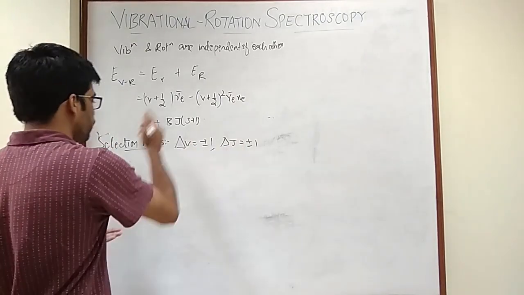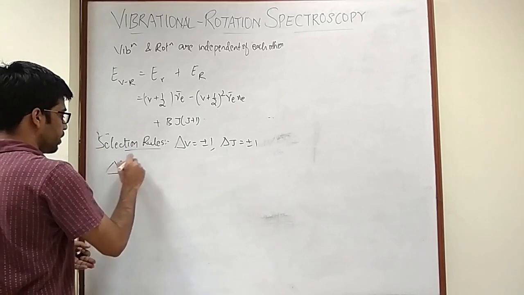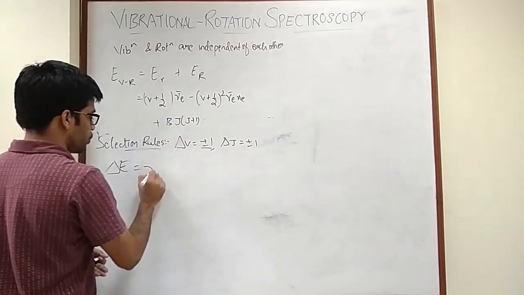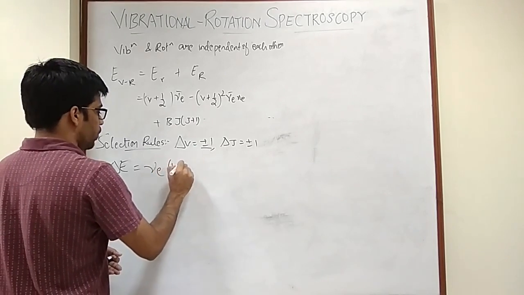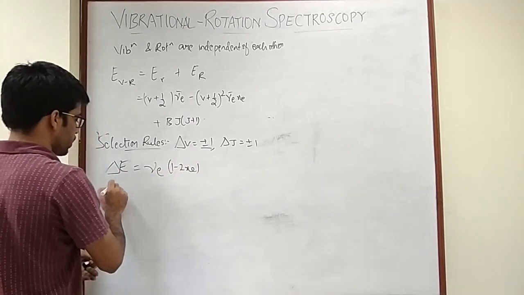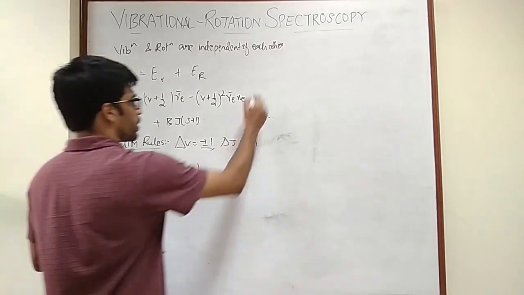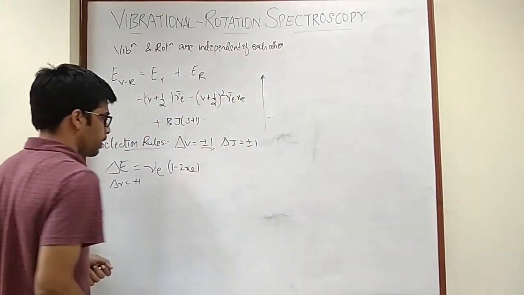What effect will it have when we want to see delta E? Now delta E for this selection rule becomes 1 minus 2xe. Now I am considering delta v equals to plus 1 here. We are considering the case where absorption takes place.